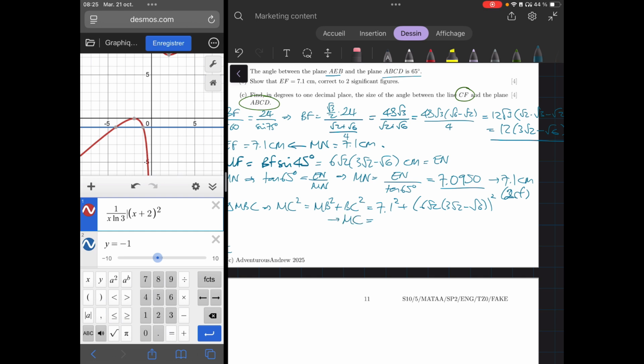Therefore, MC is equal to 16.79 centimeter.